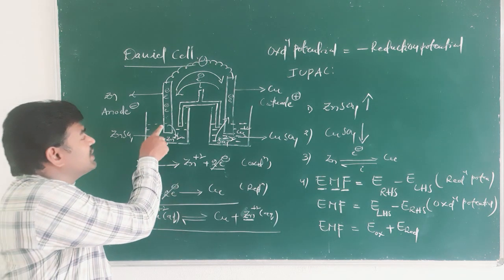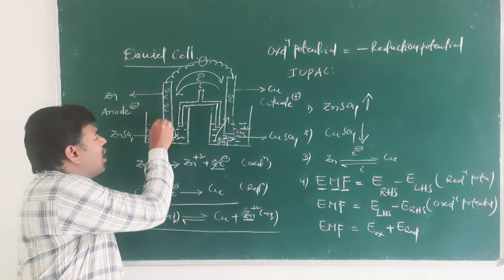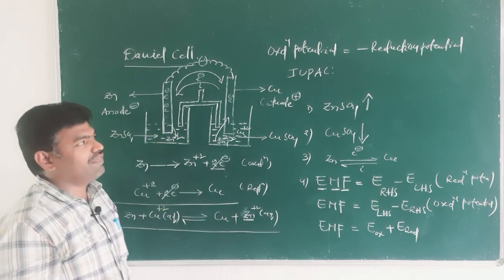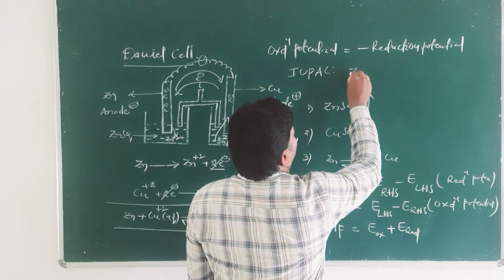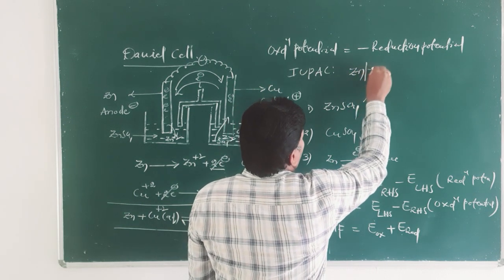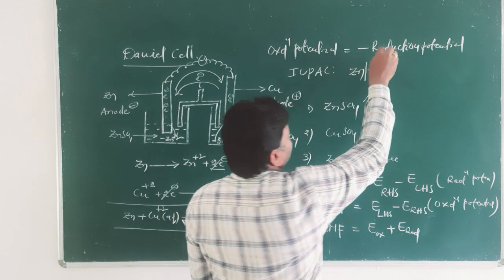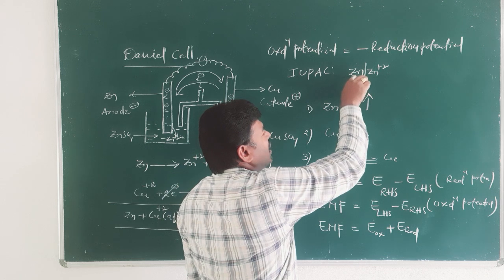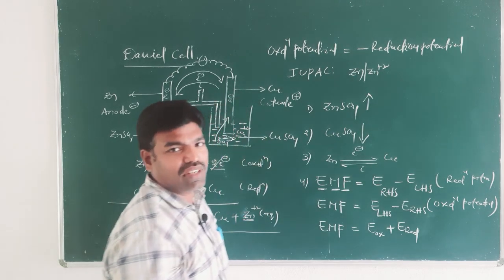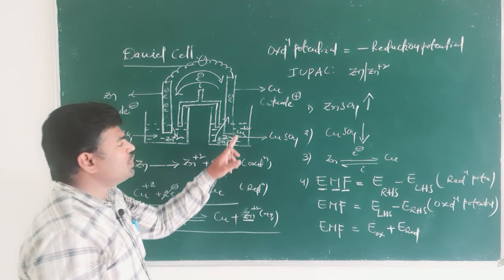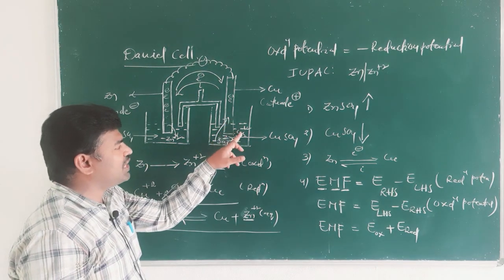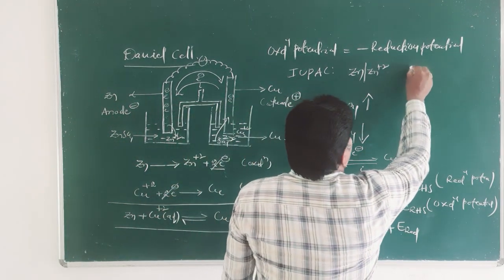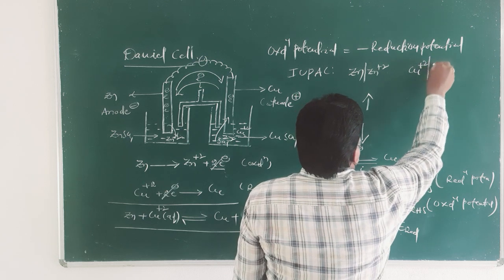That is here the zinc rod dipped in zinc sulfate solution, that is zinc rod in contact with the zinc sulfate solution, represented as zinc in contact with Zn+2 ions. This single line indicates the zinc is in contact with the zinc sulfate solution, and Cu+2 ions are in contact with the copper rod, represented as Cu+2 ions in contact with Cu.